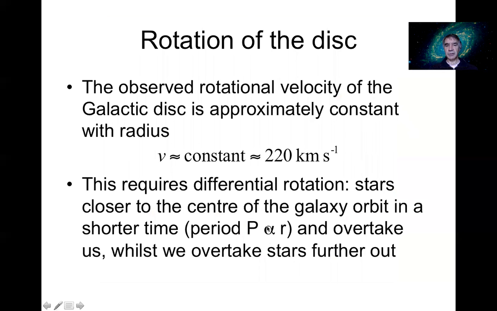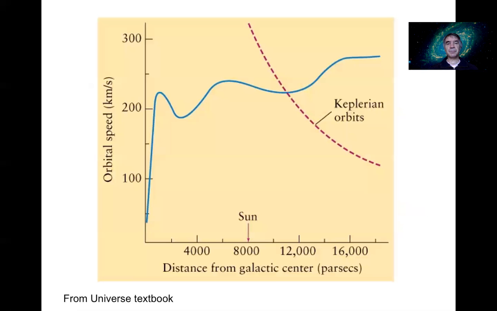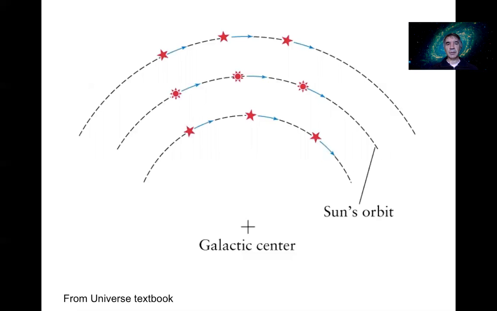And so that's the difference. The stars on the outside would have to go around much faster in order to keep up with the ones on the inside if the period was constant. So galaxies do not rotate like a solid body at all. That's where the differential rotation comes in.